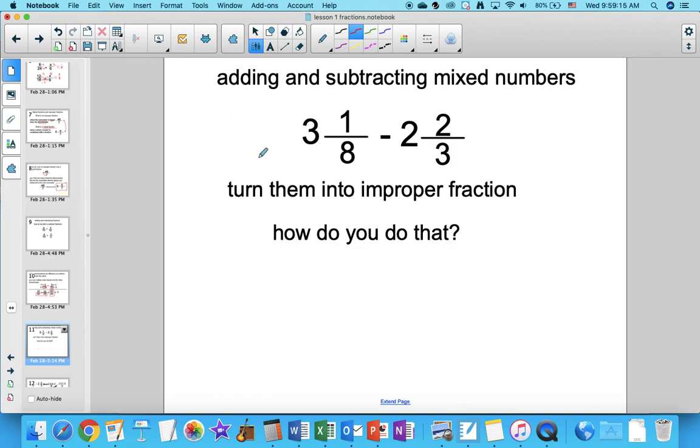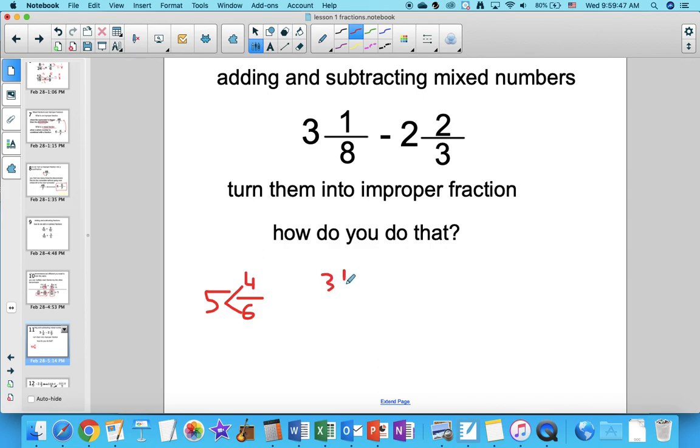And that makes it a little bit easier to deal with sometimes, especially when your denominators are different. So let's try another number. Let's try 5 and 4 over 6. Again, I have 5 sets of 6, so 6 times 5 is 30, added to the 4.